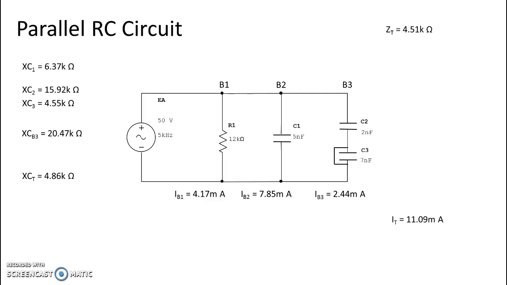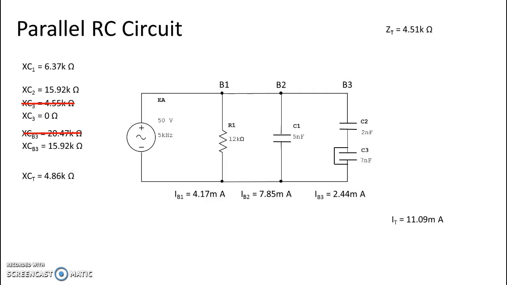It's the same with capacitor 2, so both of those will stay the same. Now we know that we've shorted around capacitor 3, so of course its ohmic value is going to go to 0. Okay, so now branch 3, which was 20.47K, is going to decrease to just the value of capacitor 2, which is 15.92K. We said that that was going to happen.